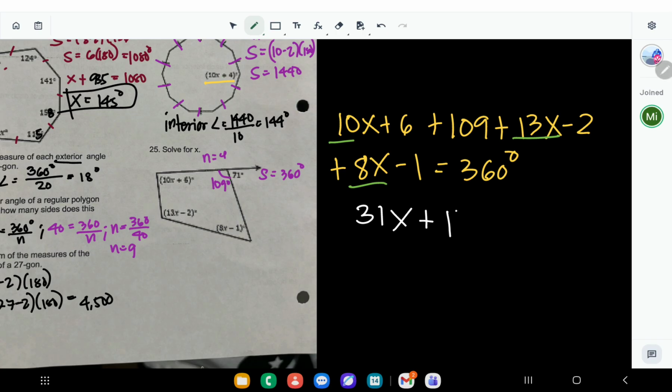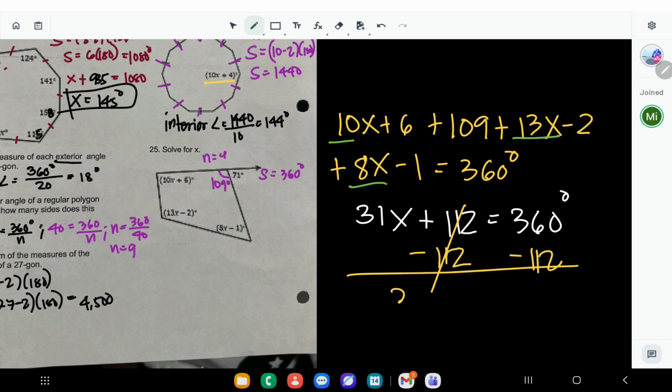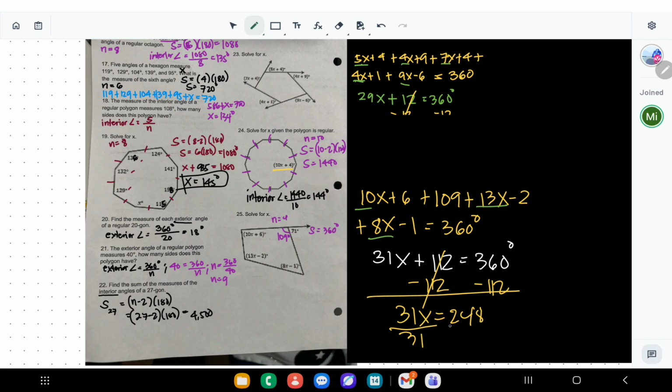What did you get? I got 112. Okay, and then we subtract 112 from both sides. So we got 31x equals 360 minus 112. We got 248. Divide by 31. So x is equal to, what is x? 8. So that is the value of x.